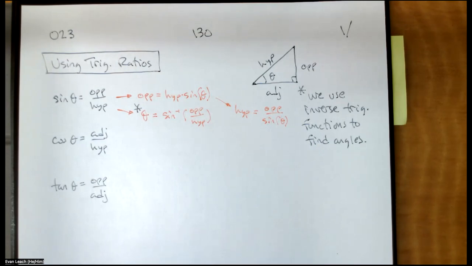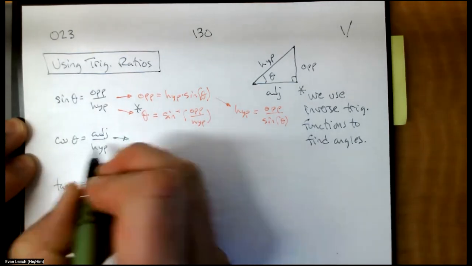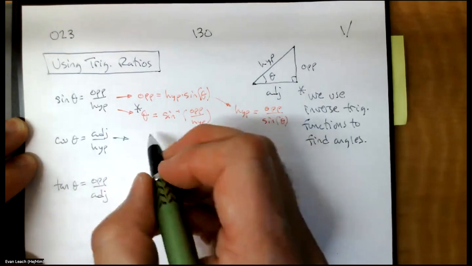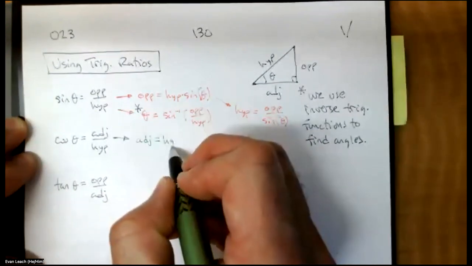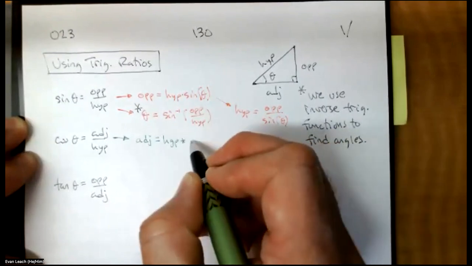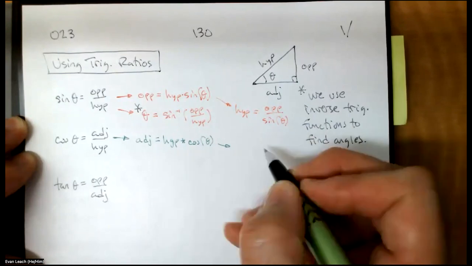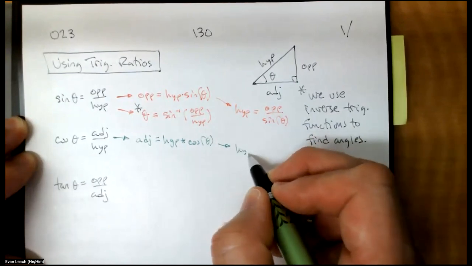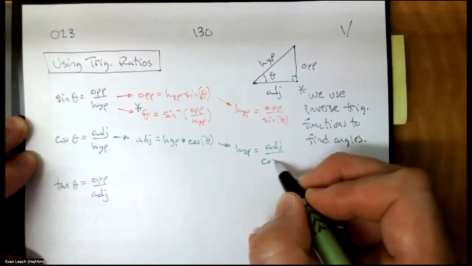So we just want to make sure that we can rewrite these and use them to find other parts of triangles. So if cosine of theta is adjacent over hypotenuse, then the adjacent side is the hypotenuse times the cosine of theta. Or I can say that the hypotenuse is the adjacent side divided by the cosine of theta.